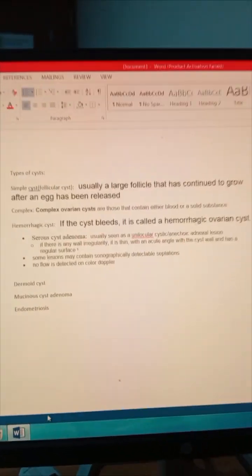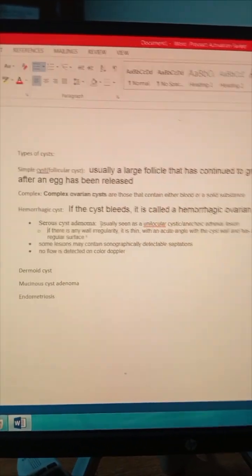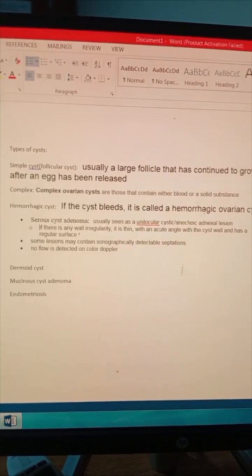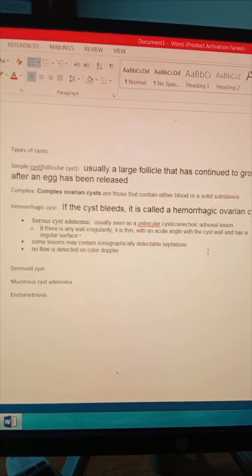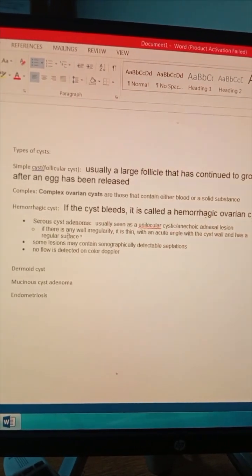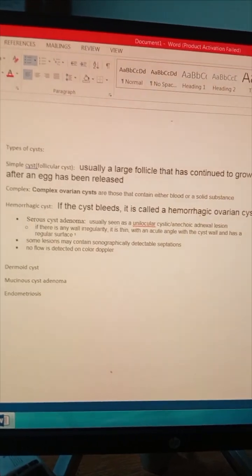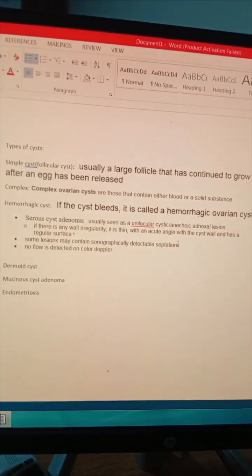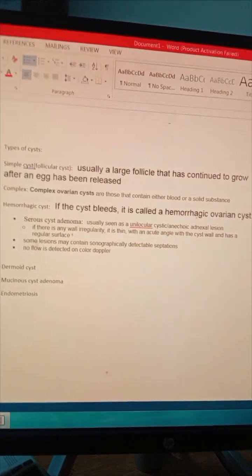So next is serous cystadenoma. What is serous cystadenoma? Serous cystadenoma is an anechoic cyst, unilocular, meaning a simple single cyst like the follicular cyst, but it has an irregularity of the wall.